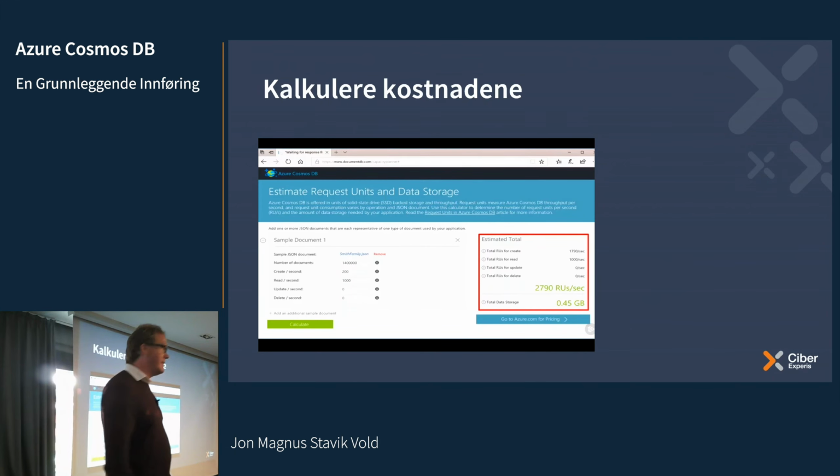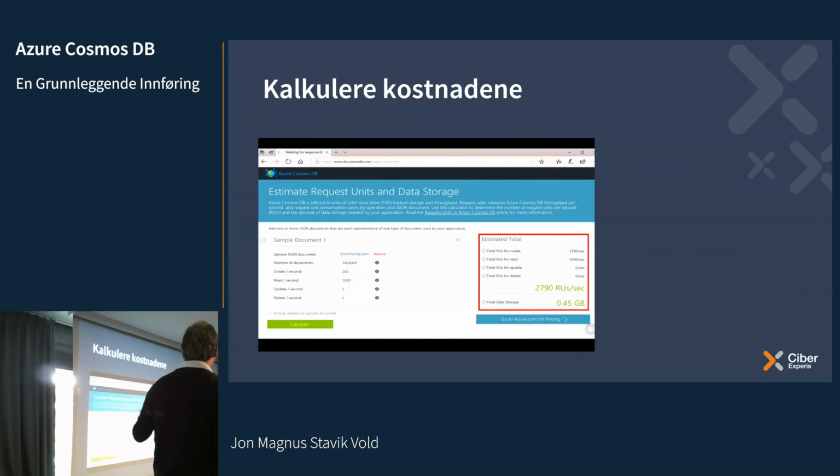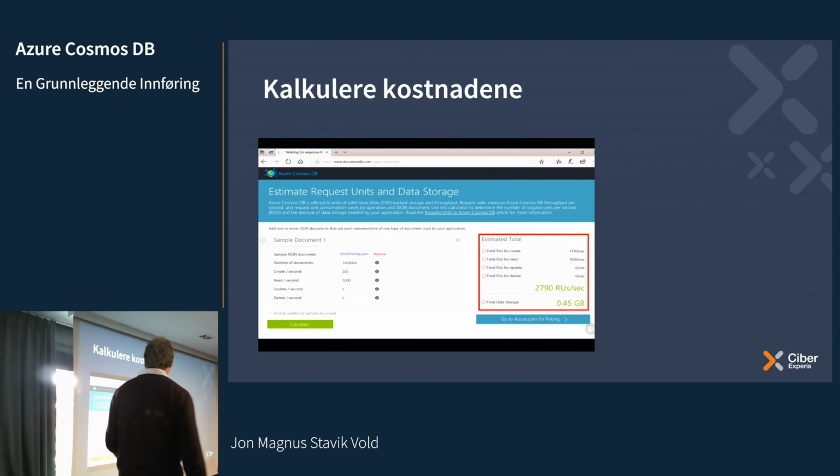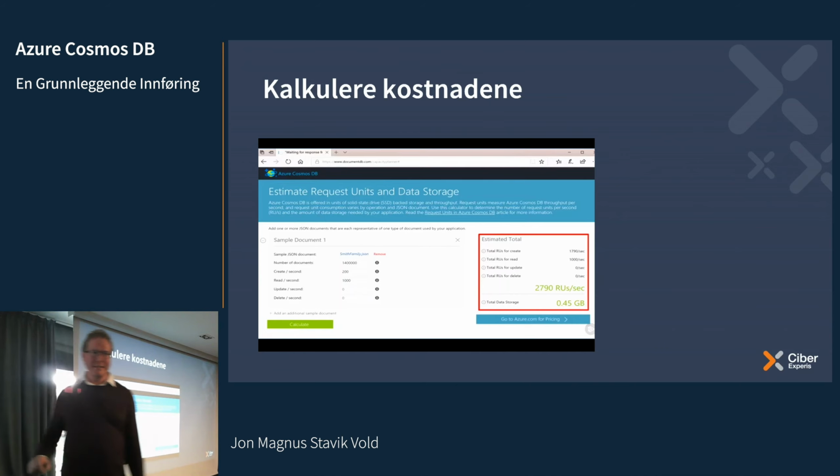This is a screenshot of the website where you can calculate the costs. And here you enter the number of documents that you're going to use, and the creates per second and reads per second. And then you click calculate, and then you get the total RUs per second. And then you click on the blue button, and then you get the total price.